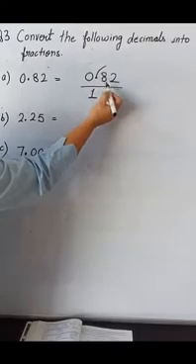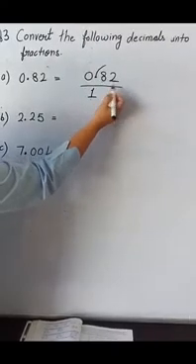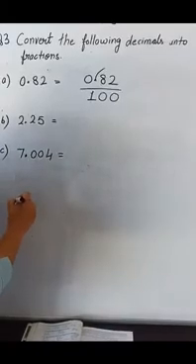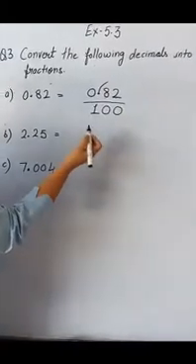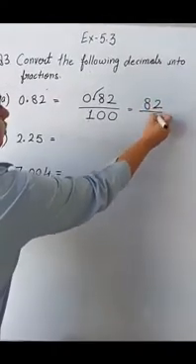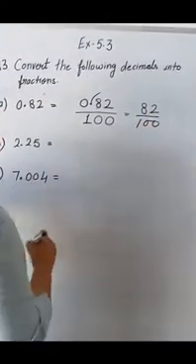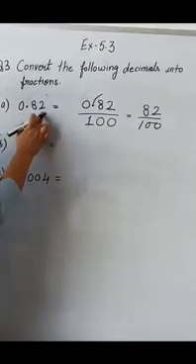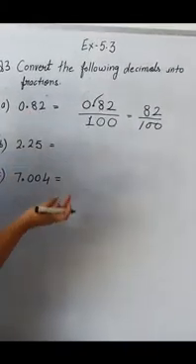Then after the decimal two digits are there, so we will write two zeros here, and we will write this as 82 by 100.